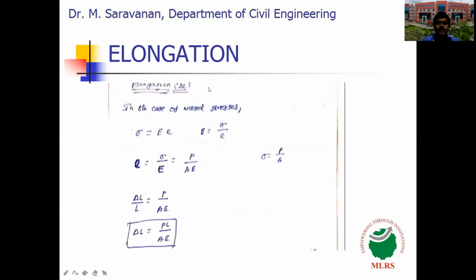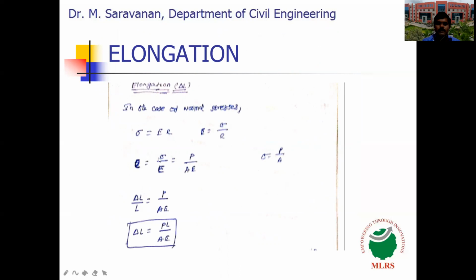Next, the elongation. The strain is equal to delta L by L, so delta L is equal to strain into L, that we know. Another formula for elongation, that is change in length, can be derived from this relation. Young's modulus is equal to stress by strain. Therefore, stress is equal to Young's modulus into strain.